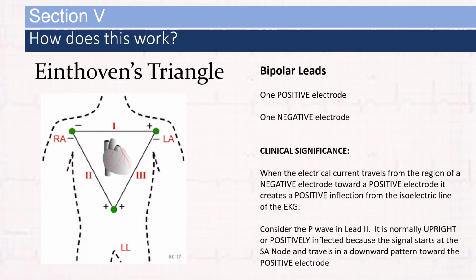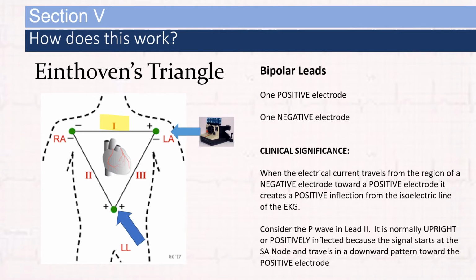Einthoven's triangle utilizes a simple geometric figure, the triangle, to help us better understand leads 1, 2, and 3. Lead 1 is created with a negative up by the right arm or right shoulder and a positive up by the left shoulder. The camera view on an EKG is always at the positive lead.